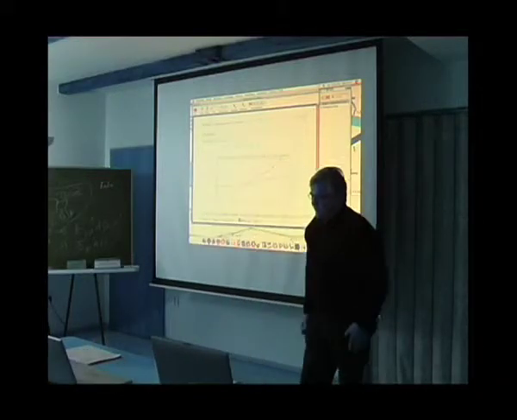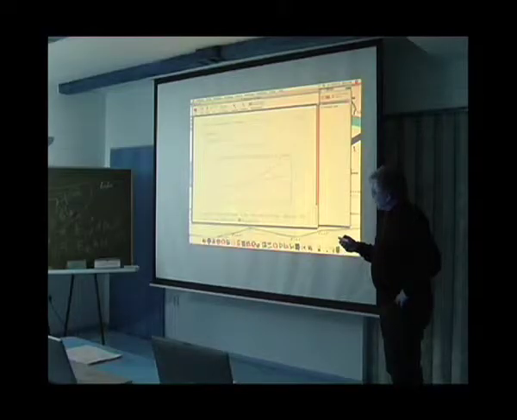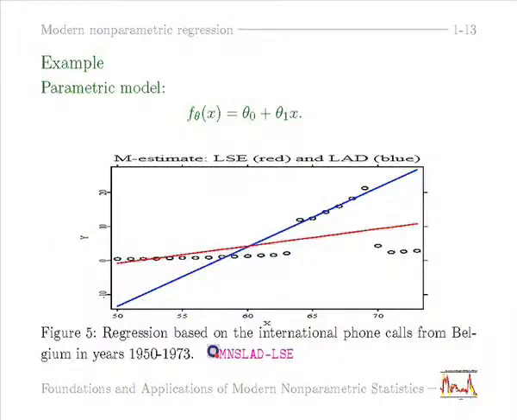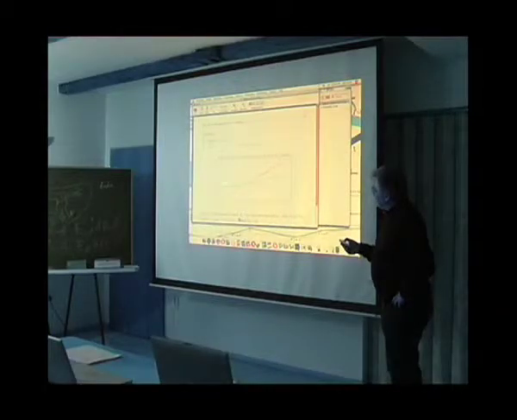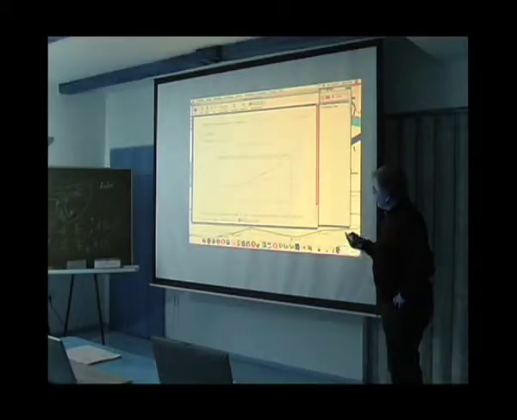Here's a very famous example of the regression based on international phone calls from Belgium from 53 to 73. This example you find in the book of Rousseeuw, where he showed that the increase of telephone calls, when you measure it by a least squares estimate, I think is just wrong.